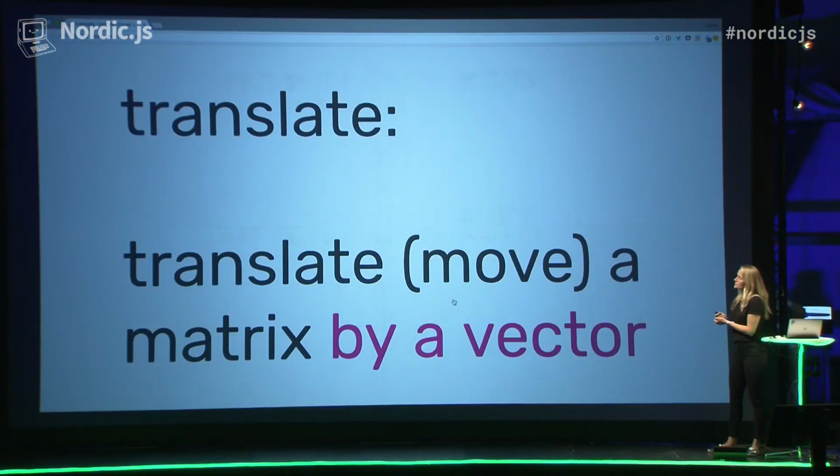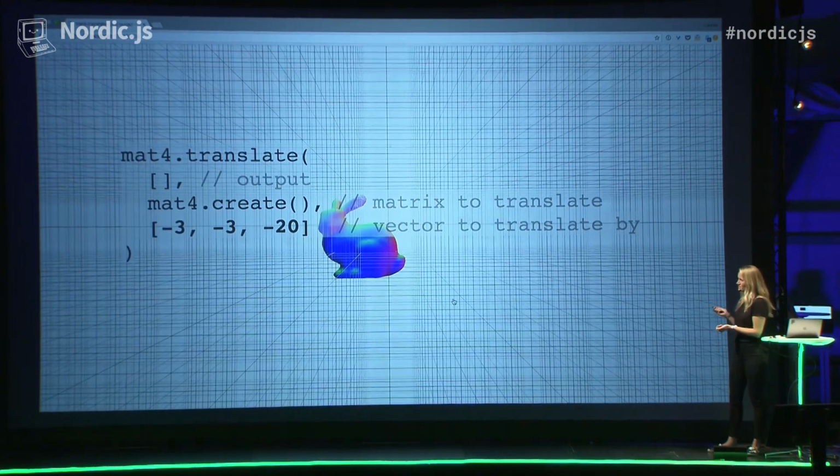OK. So I'm going to talk about three really common types of matrix transformations. The first is a translation, and that's what happens when you translate or move a matrix by a vector. In 3D graphics, that vector is a 3-dimensional vector, which is just an array of 3 numbers. So those 3 numbers represent how far to move the matrix in the x, y, and z dimensions, respectively. In JavaScript, that looks kind of like this.